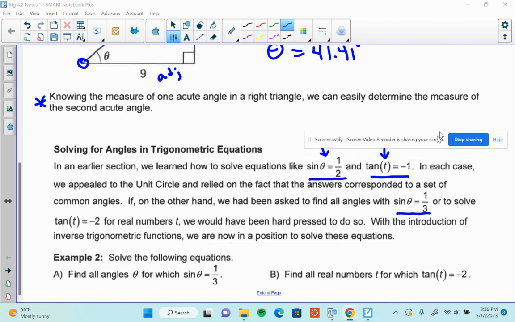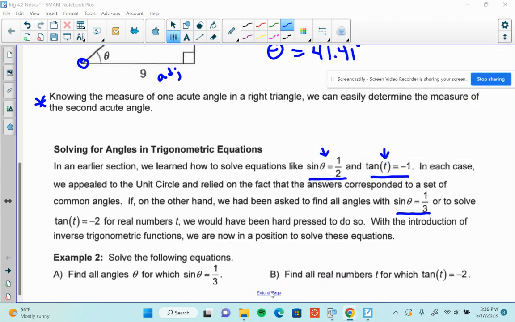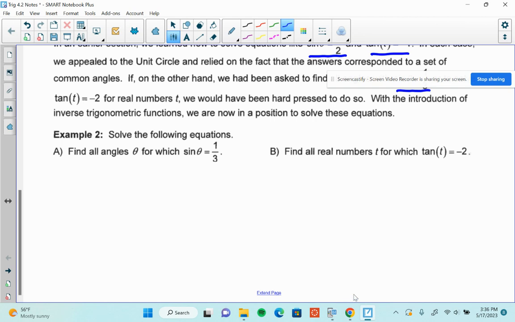Okay, so let me move that out of the way a little bit. And I need to extend the page. So this is going to be pretty straightforward and easy. If sine of theta is 1/3, then theta is going to equal the inverse sine of 1/3. But notice that it says find all angles theta.